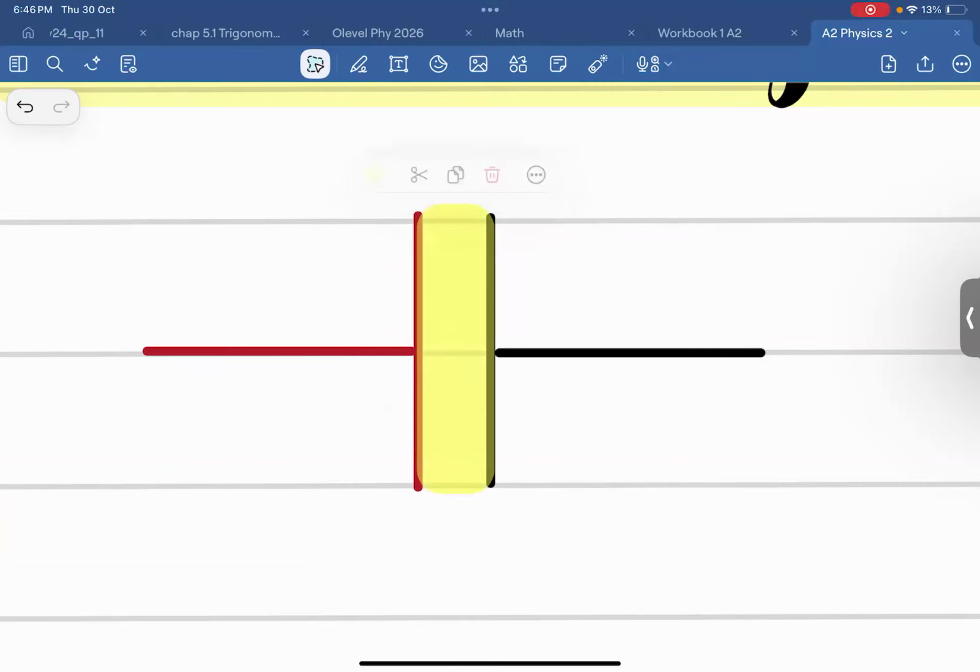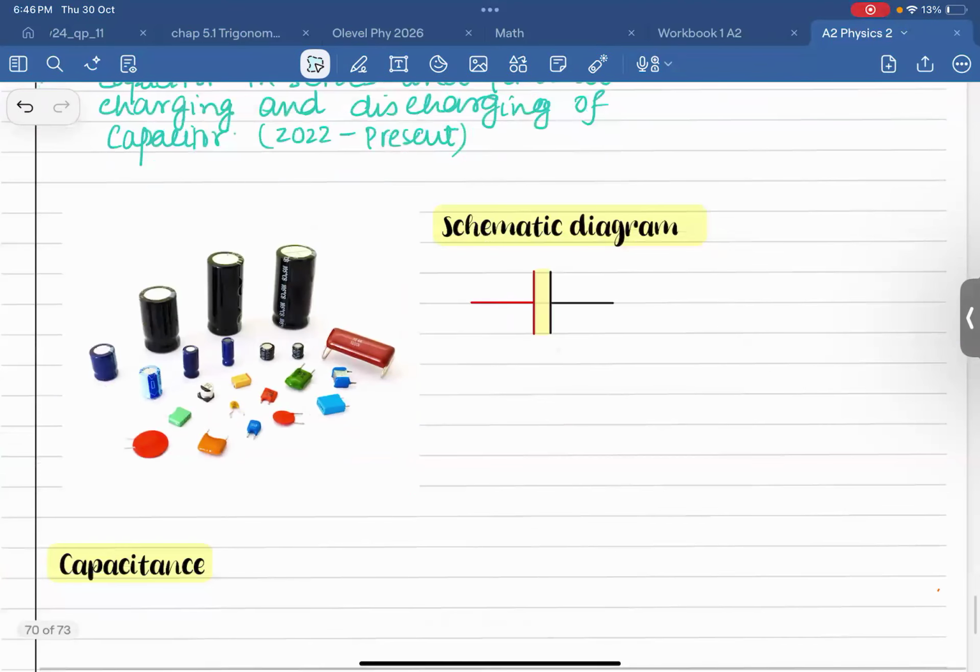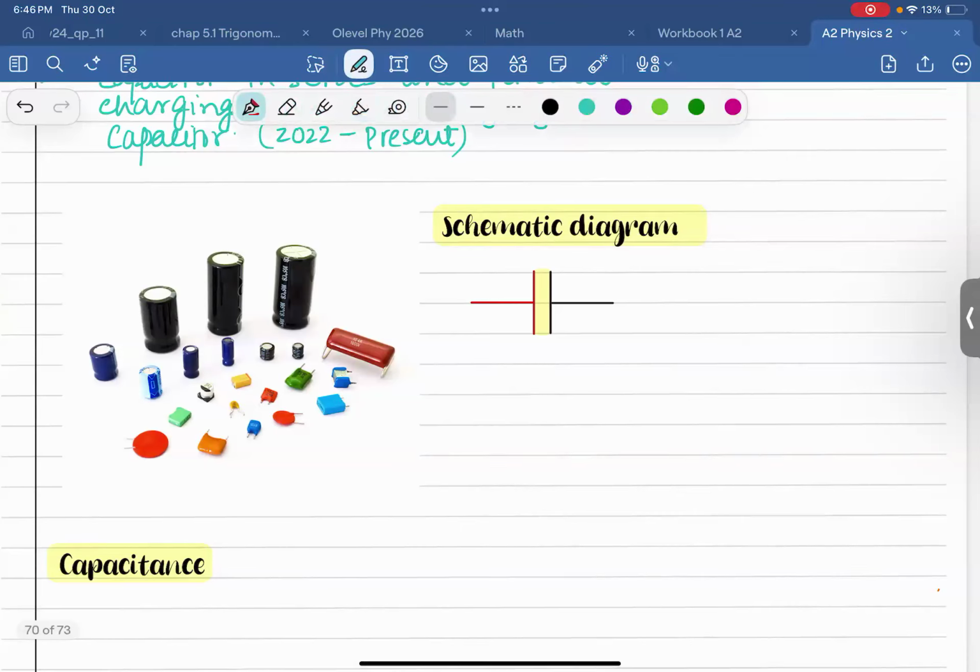Good. Okay, sometimes it is also drawn like that, with one side straight and the other side slightly curved. Actually, the black side should be straight. We don't need to remember it, because it is not a part of your syllabus.